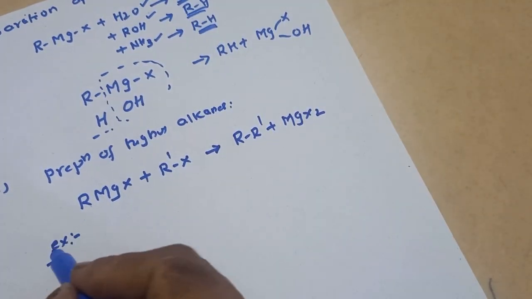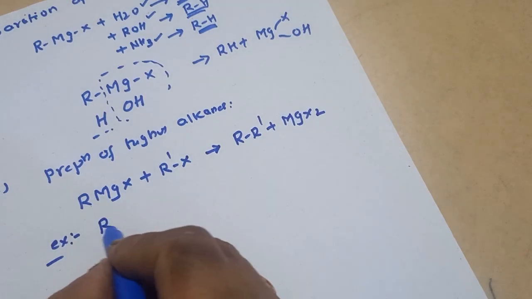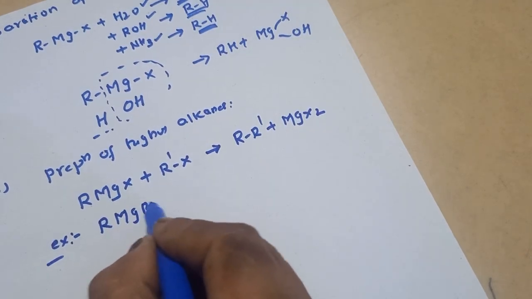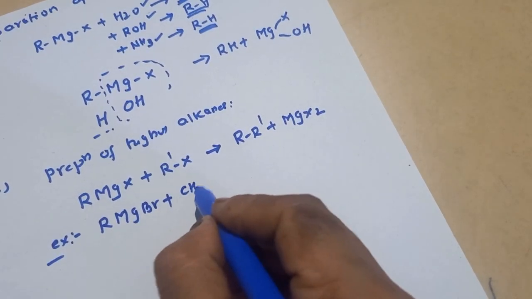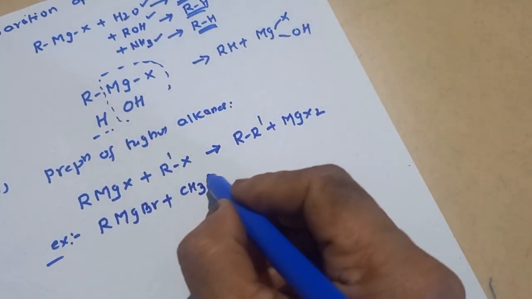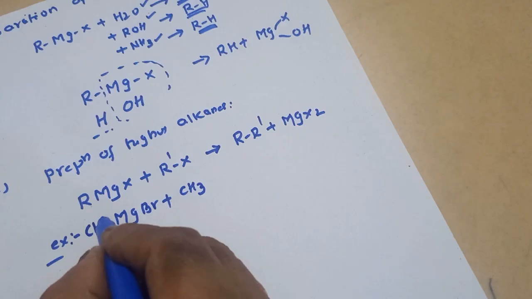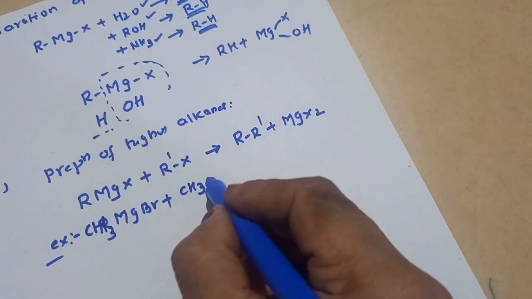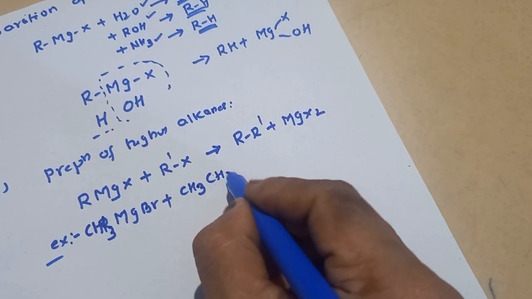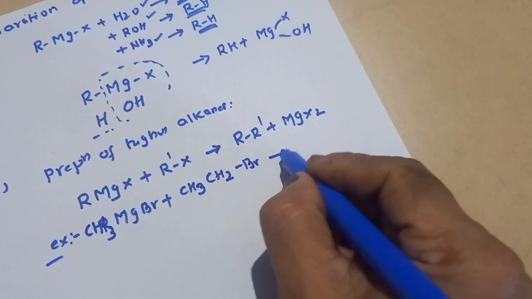Example, RMgBr plus CH3. Let us take here, I am taking CH3 instead of R, CH3CH2Br. Then what is the byproduct?